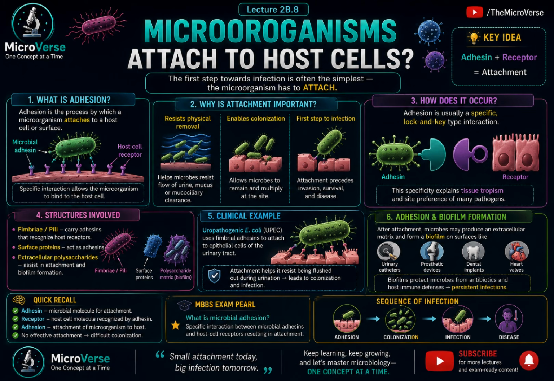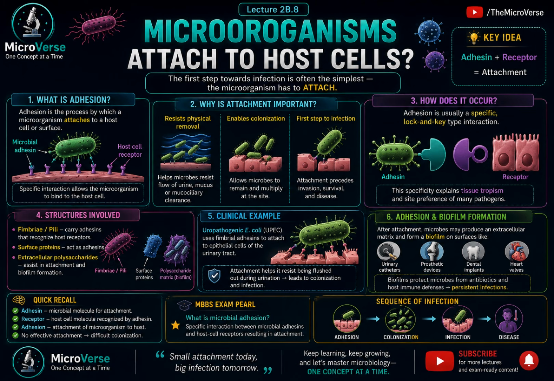This interaction is not random. Microorganisms possess specific structures or molecules called adhesins, while host cells contain complementary molecules known as receptors. So, at the simplest level, microbial adhesin plus host receptor gives attachment.